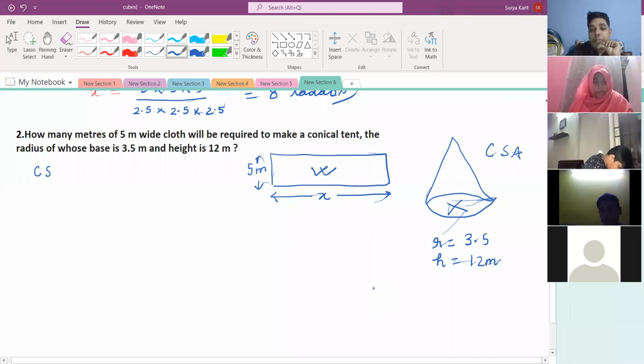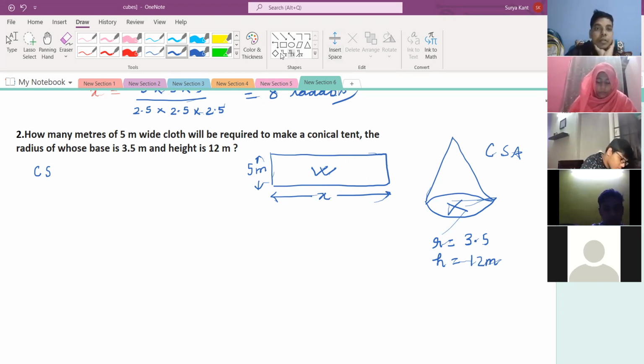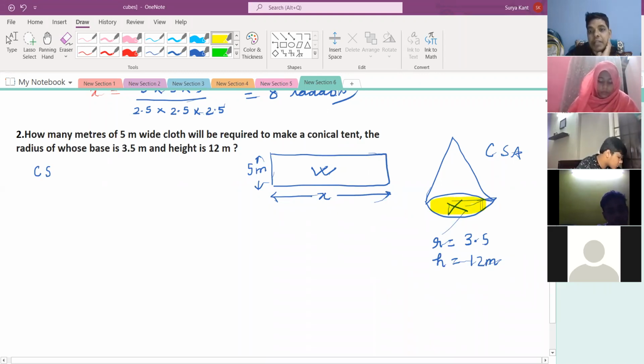Sir, then we need to find TSA, right, sir? Because he told to make a conical tent. Tent means, you should remember that in a conical tent, this down part will not come into picture. We are not making this part because that is a land part.